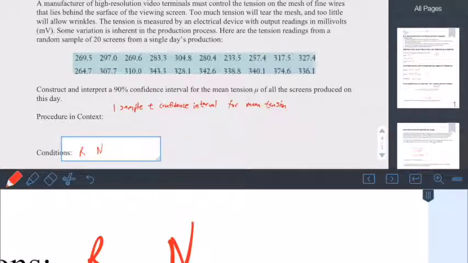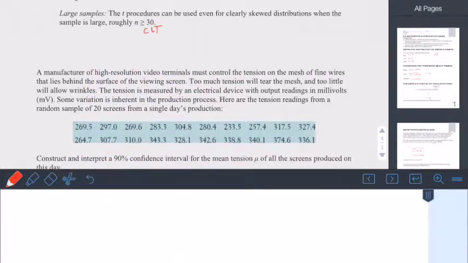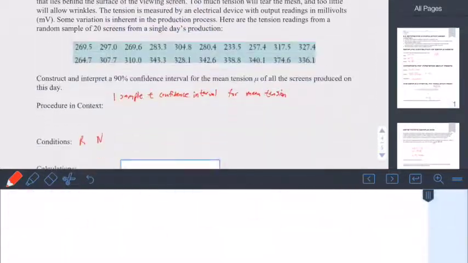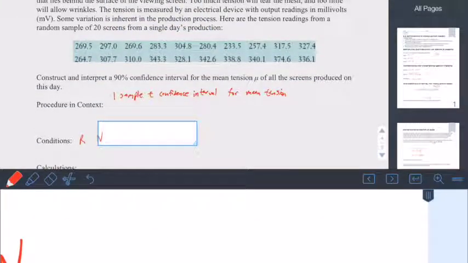Normal, we have 20, so we need to check from what we have up above that there are no major outliers or strong skewness, and then the sampling distribution will be approximately normal. So let's make a graph.